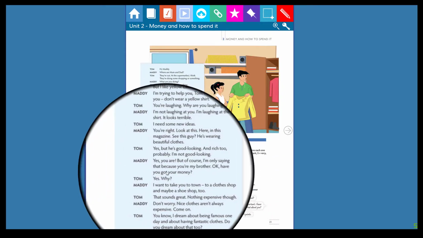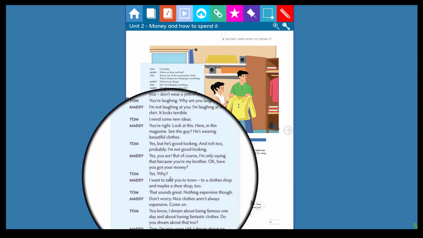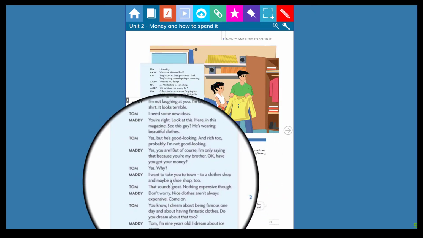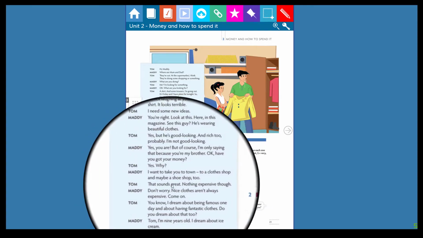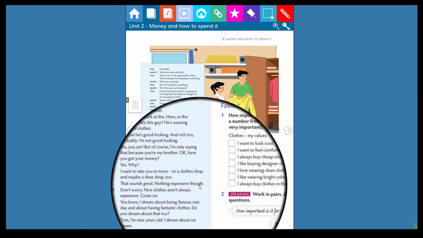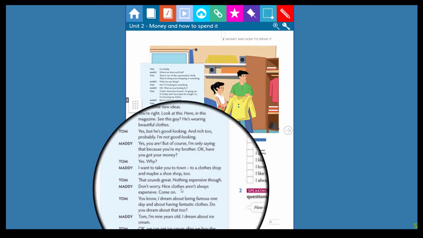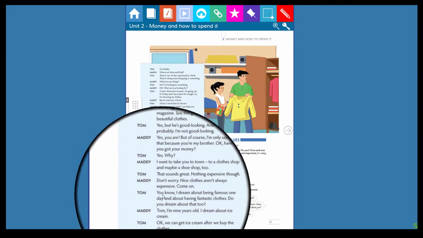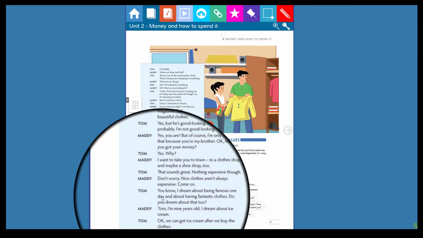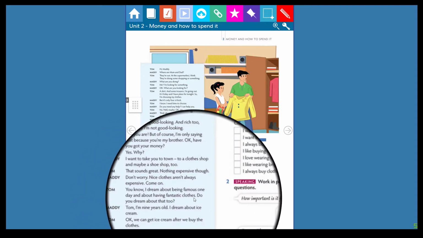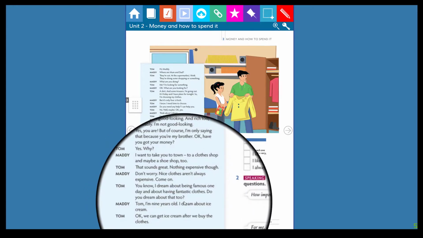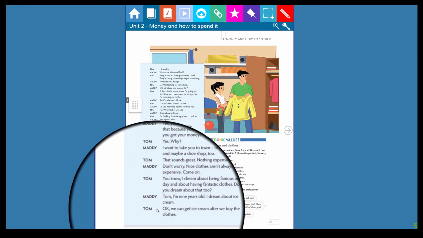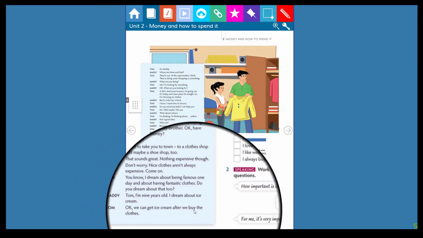Okay, have you got your money? Yes, why? I want to take you to town, to a clothes shop, and maybe a shoe shop too. That sounds great. Nothing expensive though. Don't worry, nice clothes aren't always expensive. Come on. You know, I dream about being famous one day and about having fantastic clothes. Do you dream about that too? Tom, I'm 9 years old. I dream about ice cream. Okay, we can get ice cream after we buy the clothes.